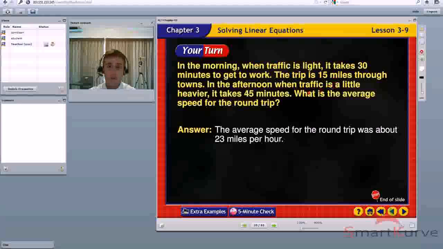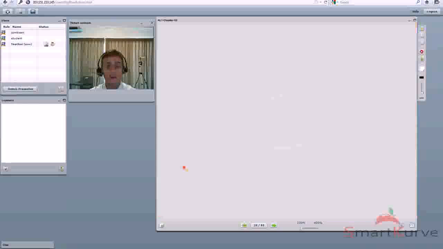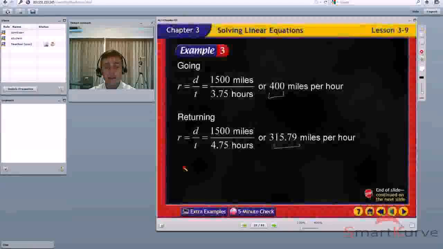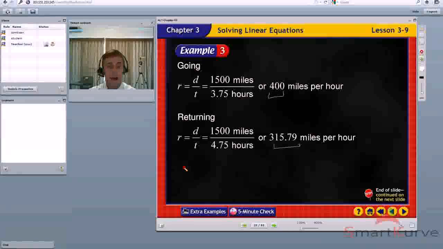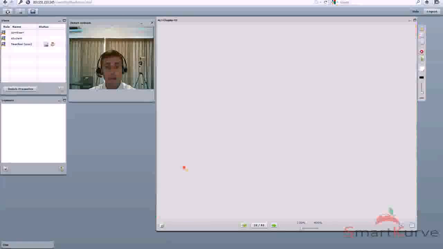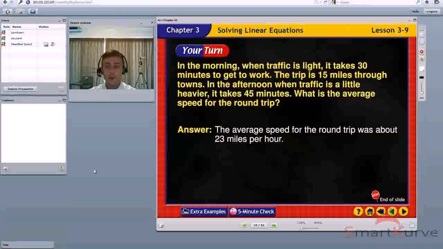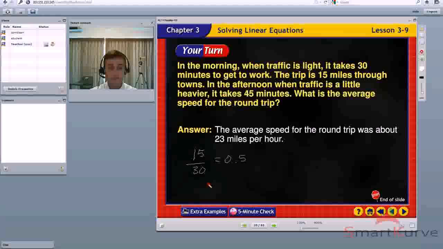Well, we know that it takes 30 minutes. We're going to look at the same thing. Miles per hour is what we're trying to find. So we know that it is 15 miles on the way there over 30 minutes is 0.5.